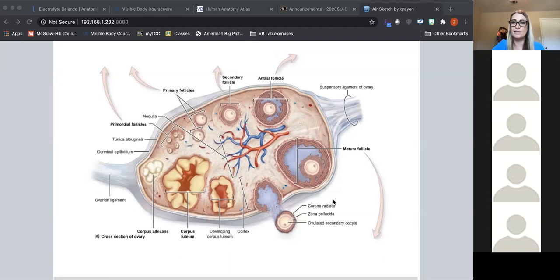The oocyte, if it's not fertilized within 24 hours, it dies. So that means you have a pretty short window to get that oocyte fertilized. Oocyte only lives for 24 hours after it gets released. Now, sperm can live, I think our textbook uses 3 to 4 days.